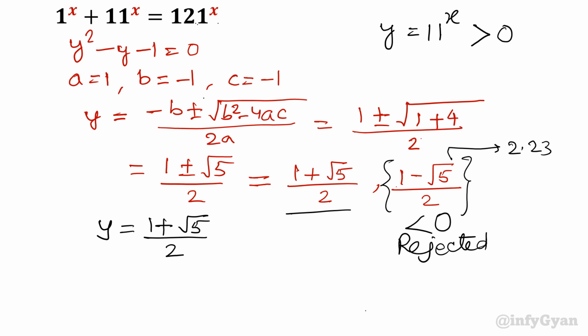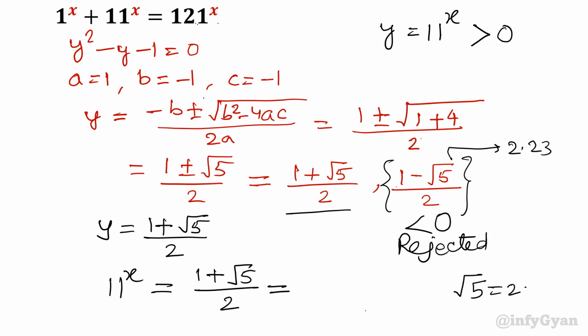Now let's take the value of y, that is 11 power x, which will be equal to 1 plus square root 5 over 2. Now let's put the value of root 5. As we know, root 5 is 2.236. So if I add 1 to it, 1 plus 2.236 over 2.